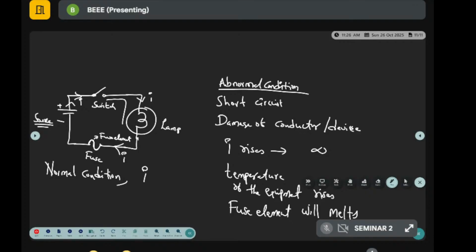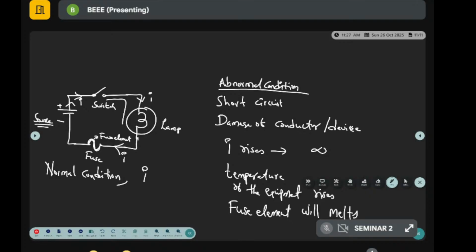You understand? Whenever the current increases, the heating effect increases and the temperature rises. So before that, for example, at 70 degrees, this fuse element gets melted.